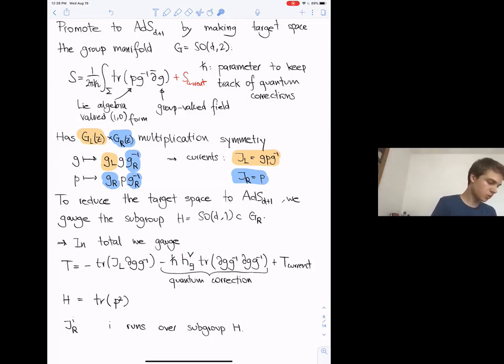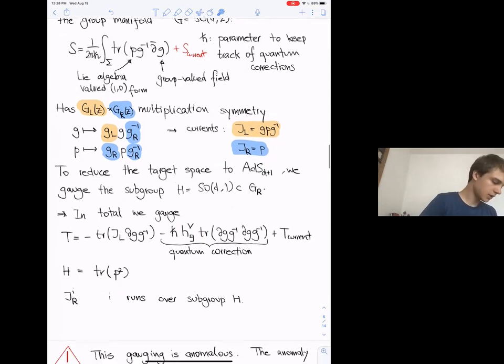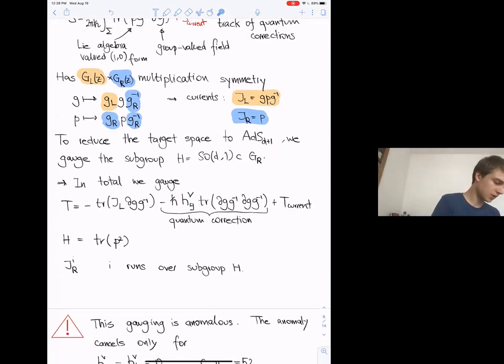And similarly, we want to gauge out H, which is still trace of P squared. And finally, we want to gauge the right moving current, but we only want to gauge, so I put this index i, and i here runs only over the subgroup that we want to gauge.